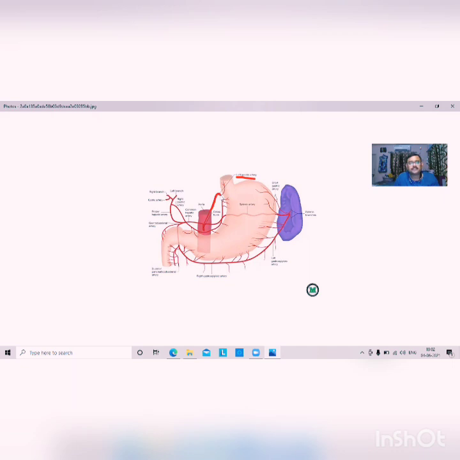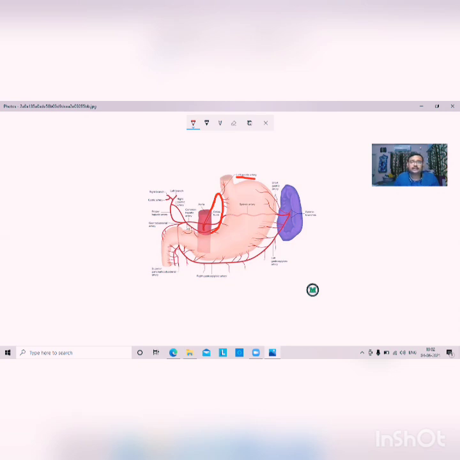This left gastric artery reaches the lesser curvature of the stomach through the lesser omentum and runs along the lesser curvature of the stomach to anastomose with another artery, which is called the right gastric artery, along the lesser curvature. Now, this left gastric artery will supply two-thirds of the organ.